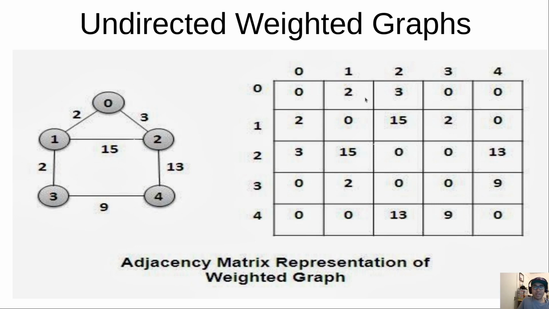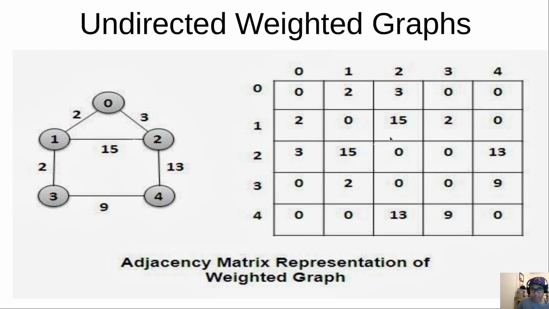These weighted values can represent something, let's say, kilometers. It could represent any units. We're just not going to represent any units, we're going to represent numbers. So from 0 to 2, the weighted value is 3.